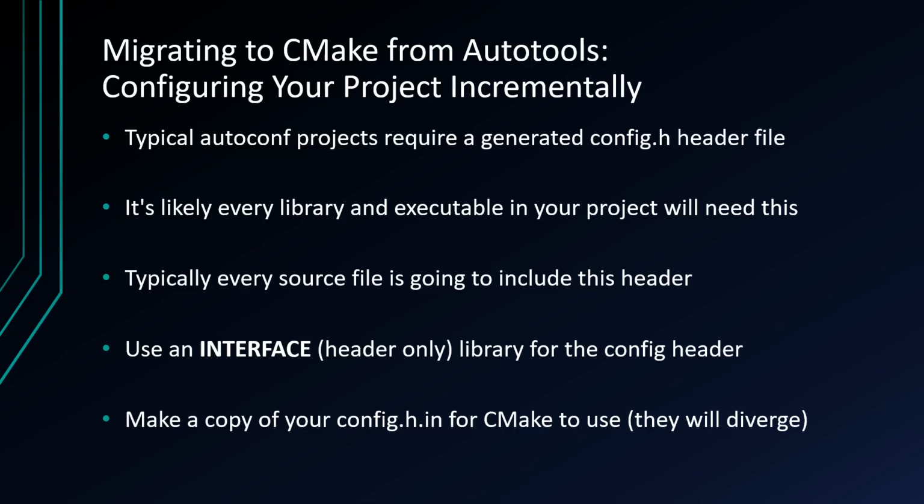And the reason for this is that they're going to end up diverging as you migrate the configuration requirements over. And then CMake will configure that template into a config.h. That config.h will be attached to this target, that is this config library that you've created, this interface header-only library. And then all your other libraries and executables will be dependent on this config library.